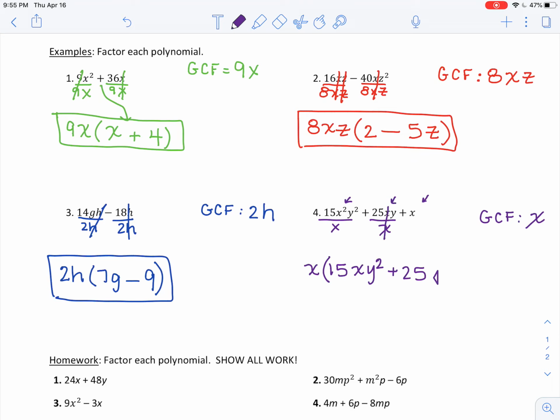I copy the y. And for my last term, when I divide by x, x divided by x is really 1. You have to have that placeholder of 1 at the end here. You can't leave plus nothing. So be careful. If all of the terms ever cancel out, you have to put down that placeholder of 1.